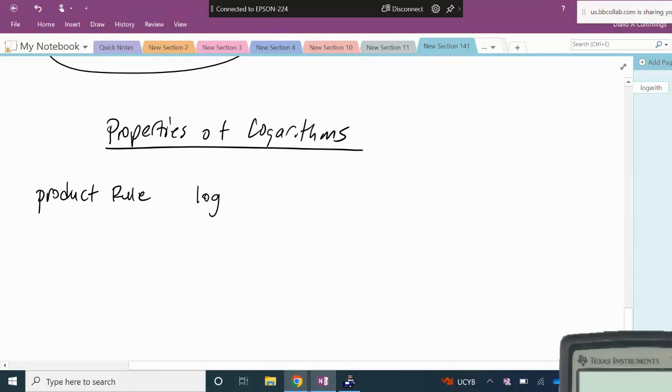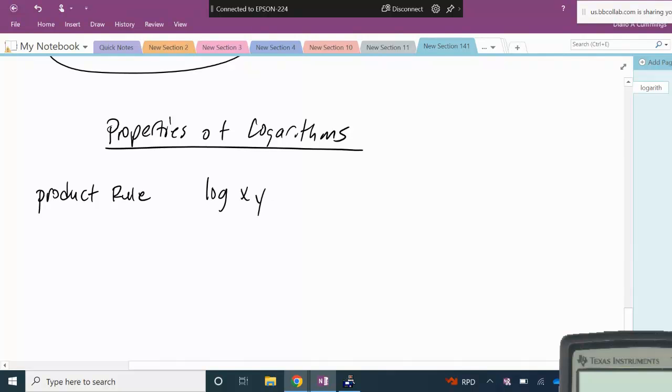For these rules, we're simply going to use the common log, but they apply to all bases for all logs. We have the log of x plus the log of y. Well, I'm actually going to write this in reverse.